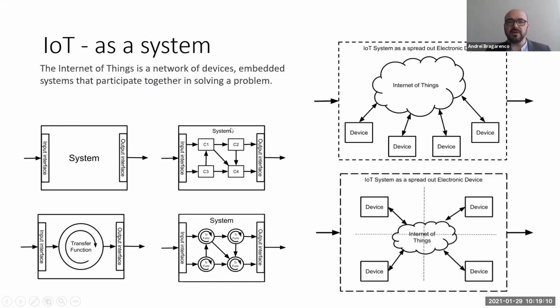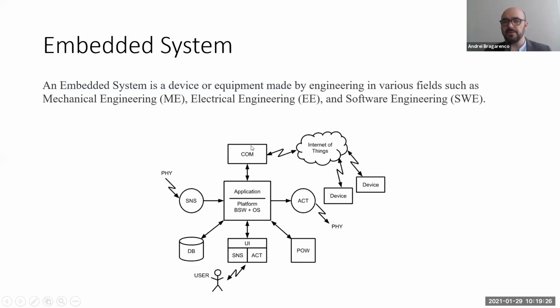A system consists of a collection of components that are working together to provide a result. But it's not just a collection of components, but specific components. We can have components for sensing, actuating, communication, databases, user interaction, power management, and some application components, let's say a stopwatch or a calendar.